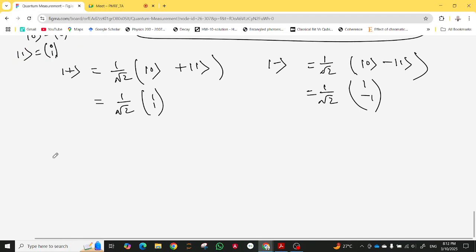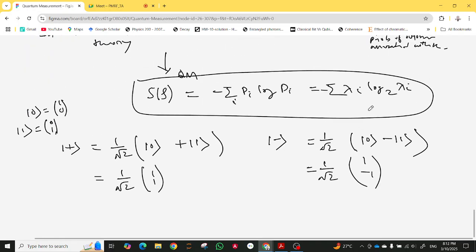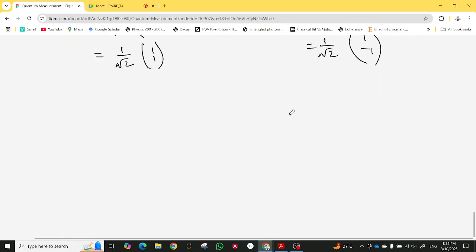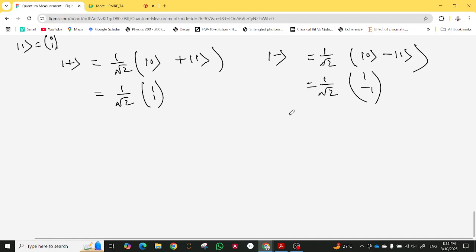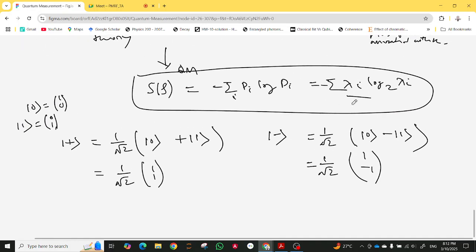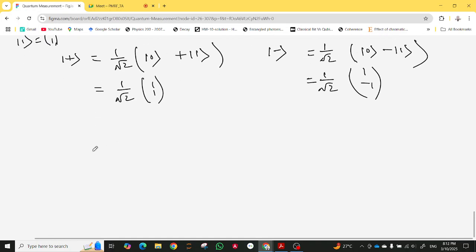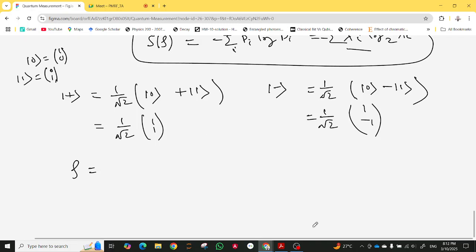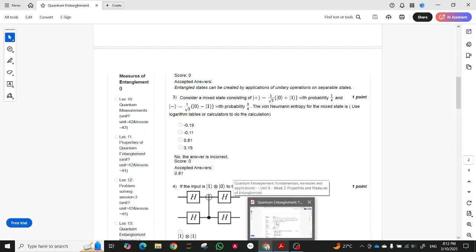Now you want to write the density matrix, because you need this lambda i. Lambda is nothing but the eigenvalues of your density matrix. So rho, you first write the density matrix of your mixed state. Now what they told is a mixture of plus state with probability 1 by 4 and minus state with probability 3 by 4.